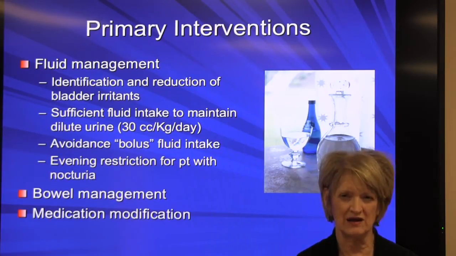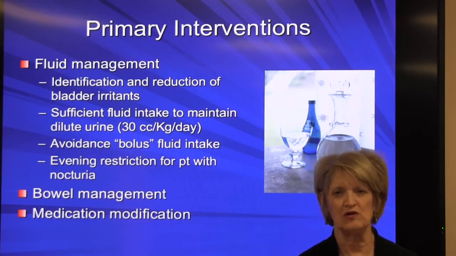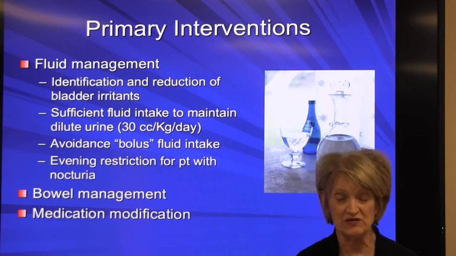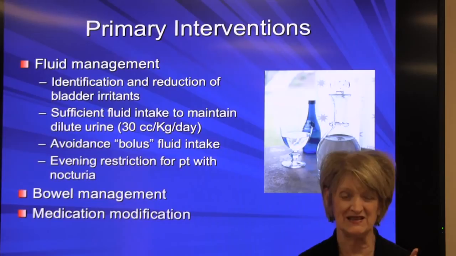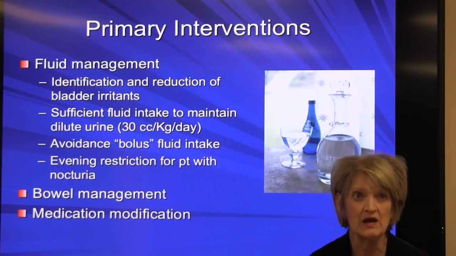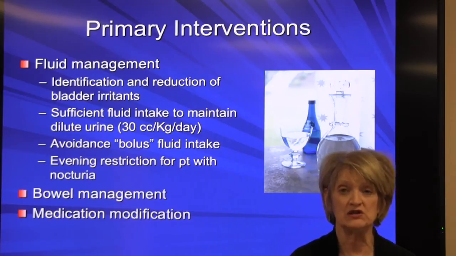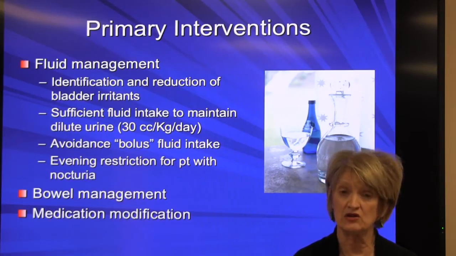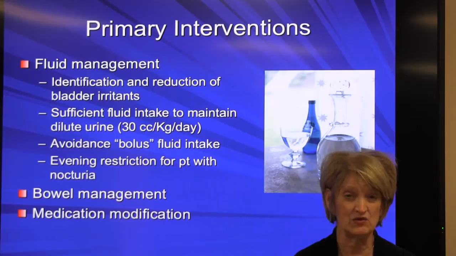So instead of forcing them to increase fluids, let's look at 1,500 as a very good target. That's basically six 8-ounce glasses of fluid a day. If you have a patient who has a lot of problems with nocturia, you want to look at evening restriction. That's pretty obvious. People have been doing that for enuresis for years. It's kind of the same problem.